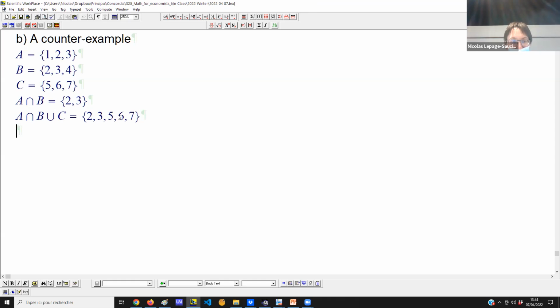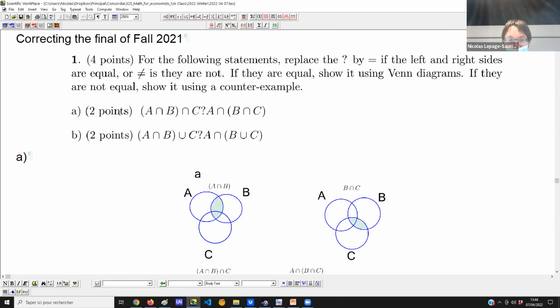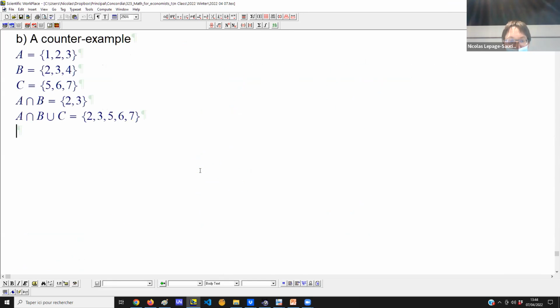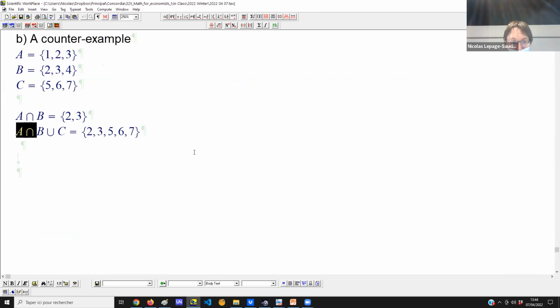And then let's try the other. So now we start with B intersect C, B union C. So B and C equals 2, 3, 4, 5, 6, 7.